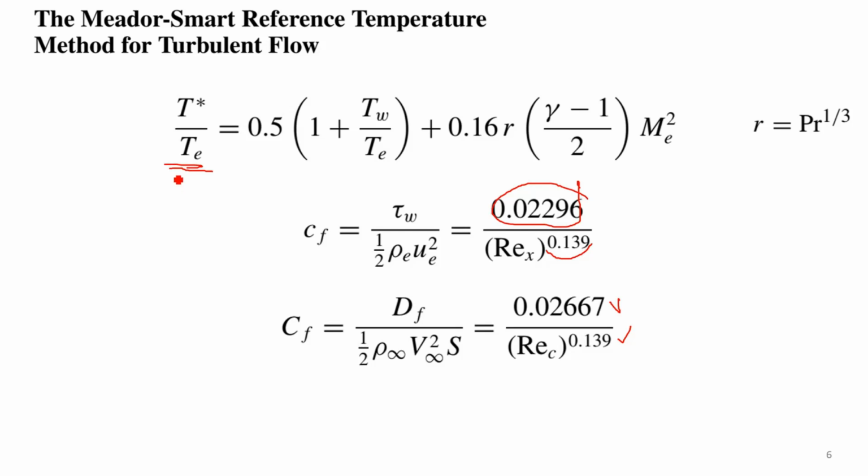This improved method you can find in the literature and also in the Anderson book, in chapter 18. So it's actual and very helpful, because with this method we can calculate friction without simulation on bodies for compressible and incompressible flow.